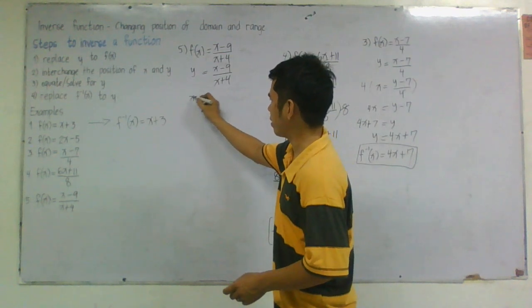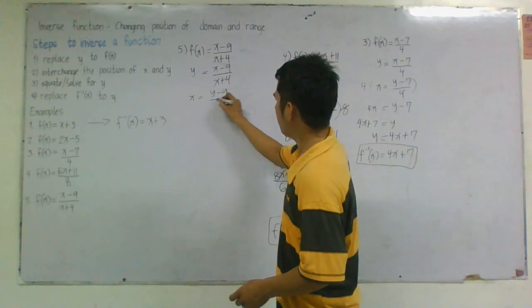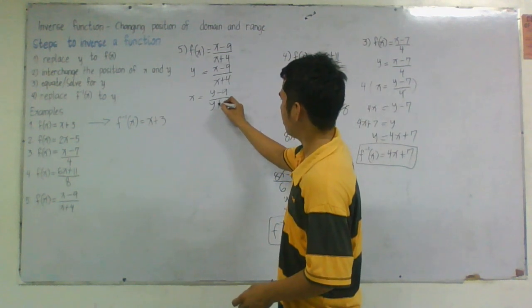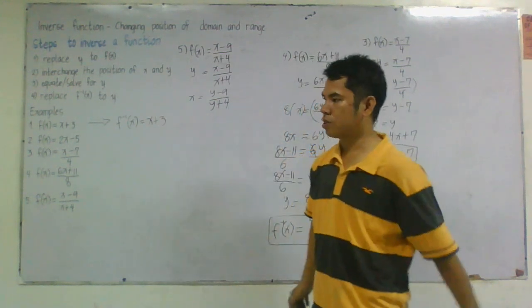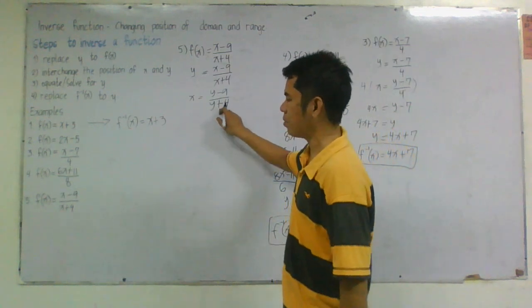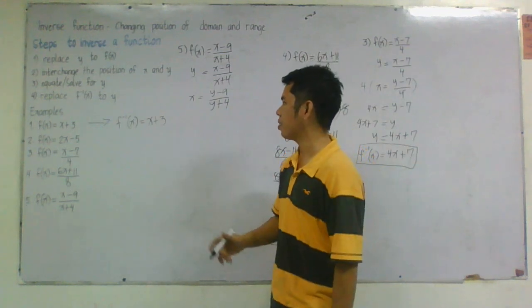So now we have x is equal to y minus 9 over y plus 4. Okay, so using the cross multiplication, we have to multiply our denominator to our x on the other side of the equation.